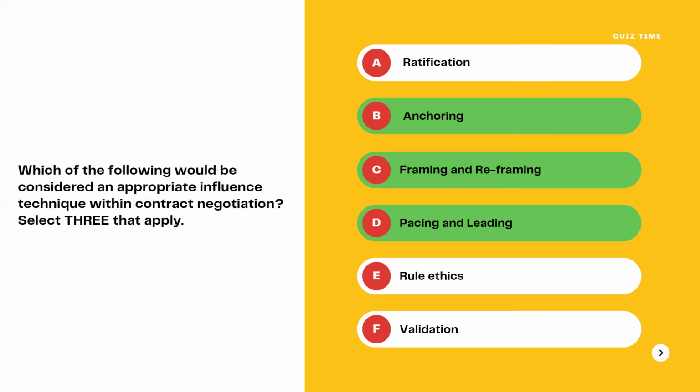Pacing and leading is about befriending the other party, trying to be like them. Once you are their friend and they start listening to you, you may lead them into your opinion and agreement.